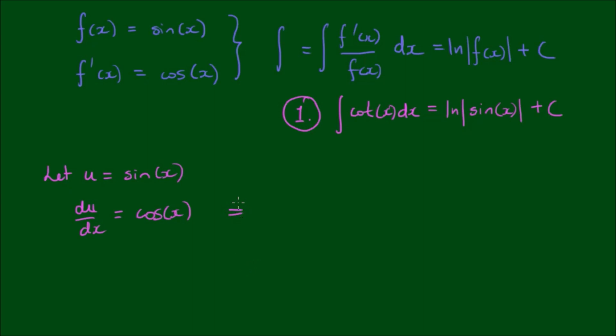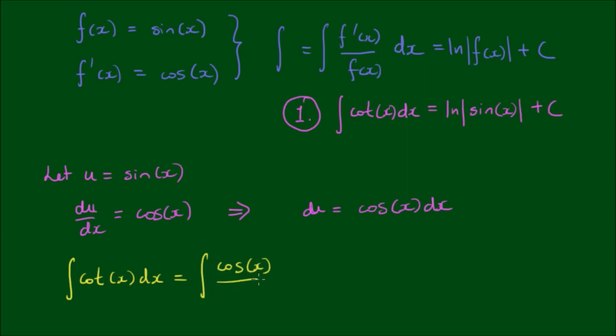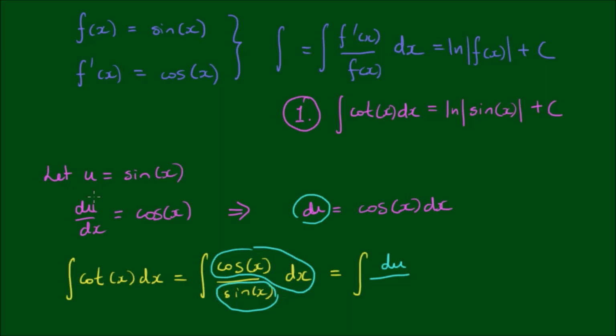And I can separate the differentials and make du equal the cosine of x dx, and thus the integral of the cotangent of x dx, which equals the integral of the cosine of x on the sine of x dx, is equal to the integral of, so this component here, cos x dx, is equal to du, let's write that down, over this component is u.